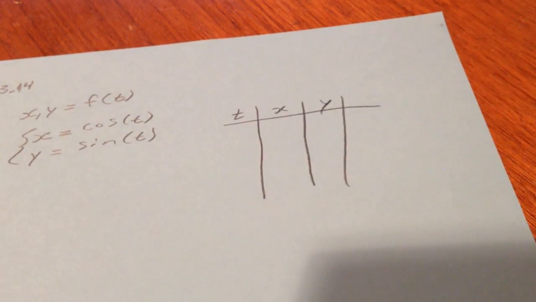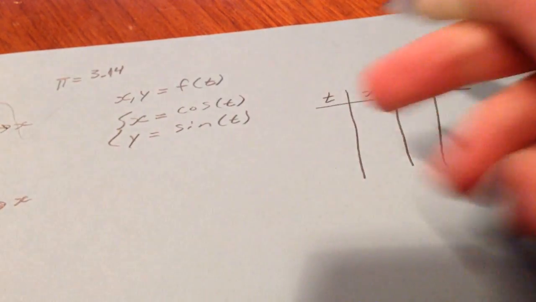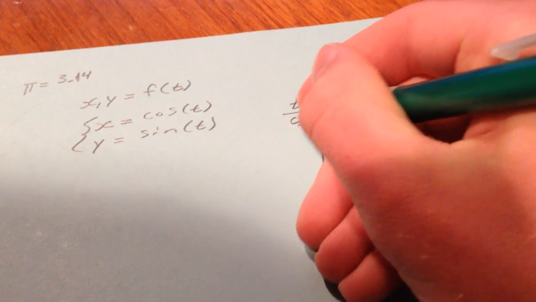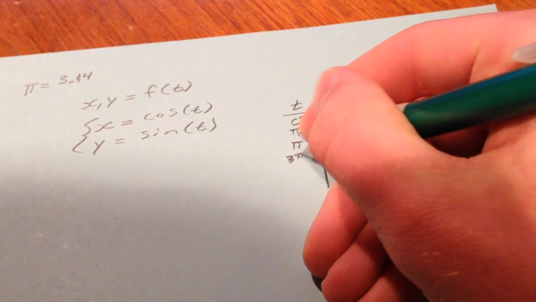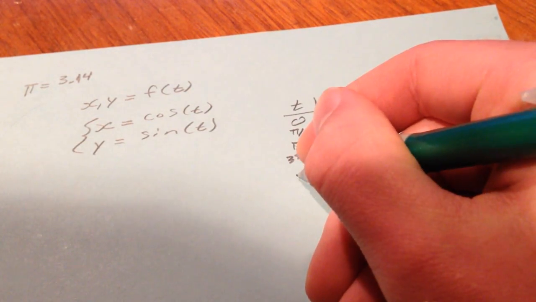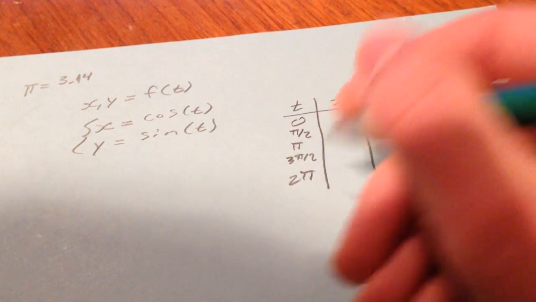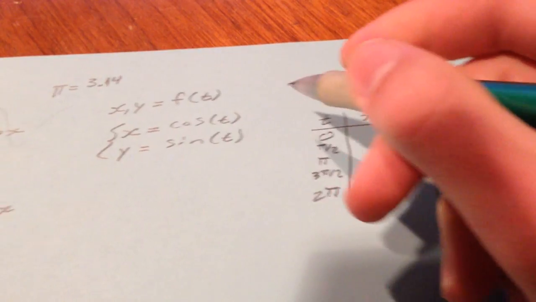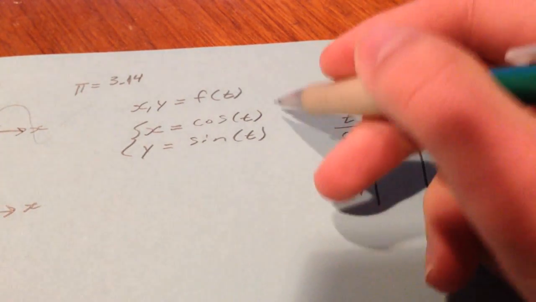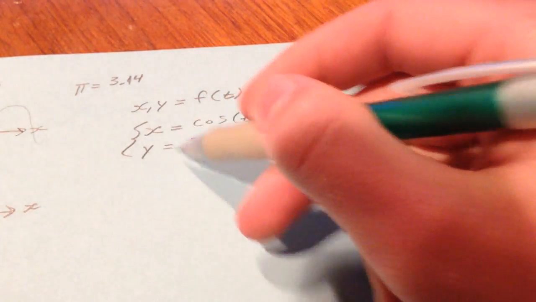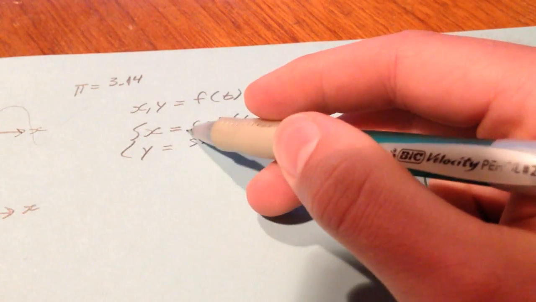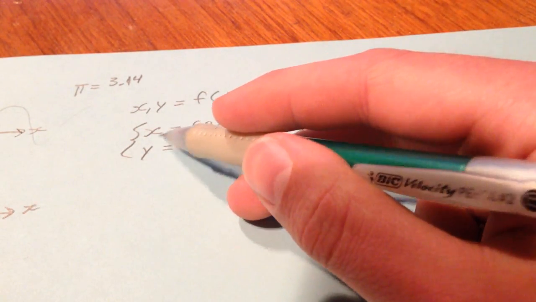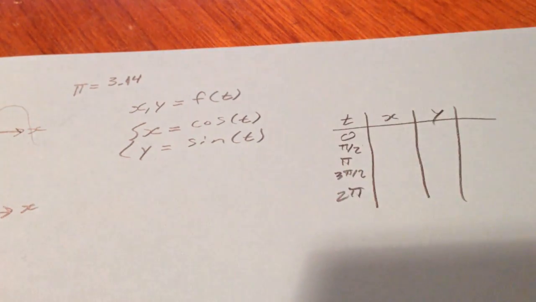We're going to use values of t of 0, pi over 2, pi, 3 pi over 2, and 2 pi. When we plug these values into t in our parametric equation, we're given new coordinates x and y, depending on the value of t.